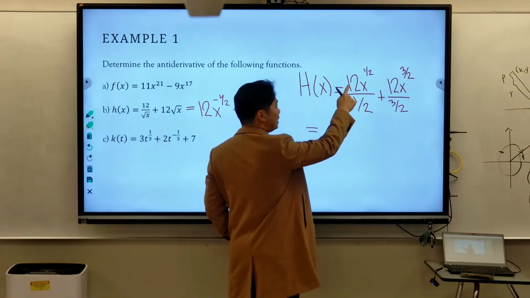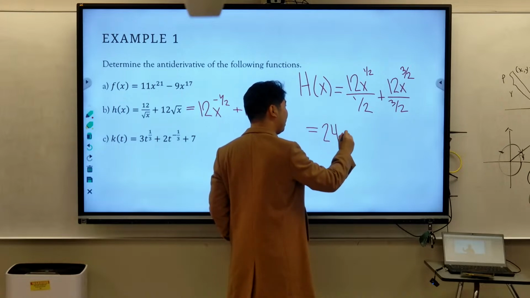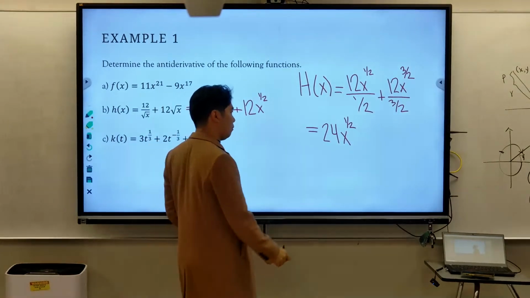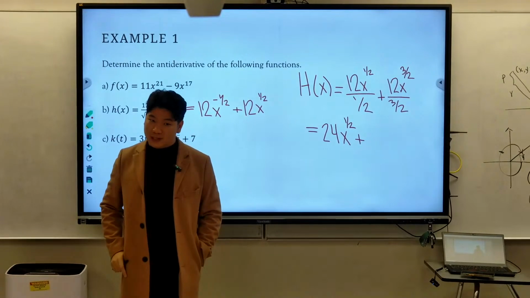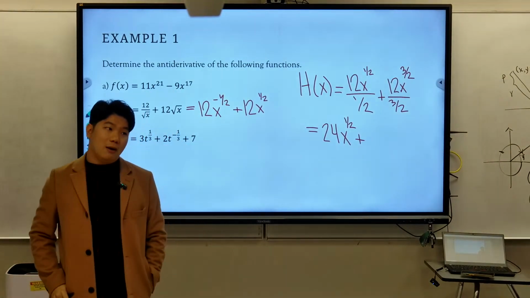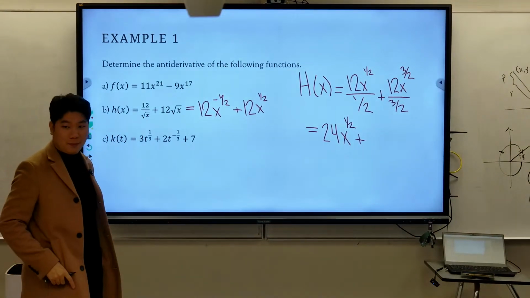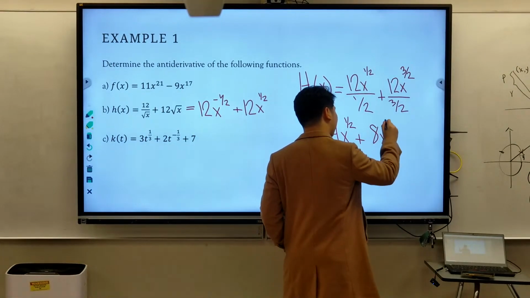So in this case, I get 12 times 2 over 1, or 24x to the 1/2. Plus, let's see what happens whenever I flip 3 over 2. That's 12 times 2/3. What does that give me? 12 times 2/3, I believe that gives me 8. 8x to the 3/2 power.